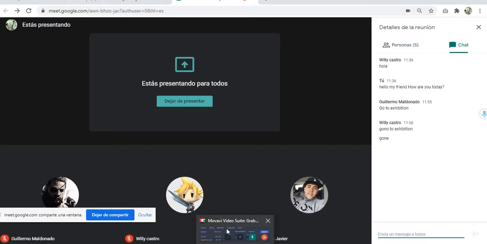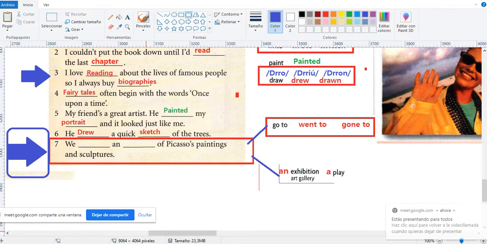Hello, my friend. We are doing this activity today. So you have to write one of the three versions of the verb. Puedes escribir go to, went to, gone to en la primera rayita, y la segunda tiene que ser an exhibition, an art gallery or a play. Y play no puede ser una obra de teatro, pero dice la oración nosotros a una de Picasso o de los cuadros de Picasso y esculturas de Picasso.